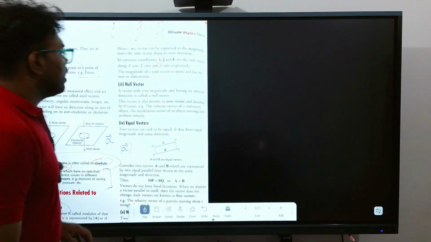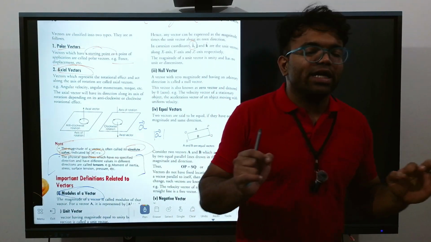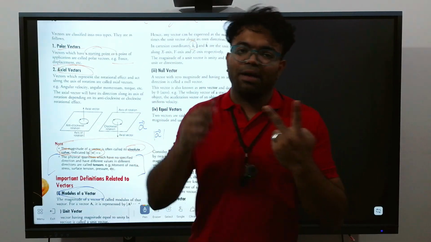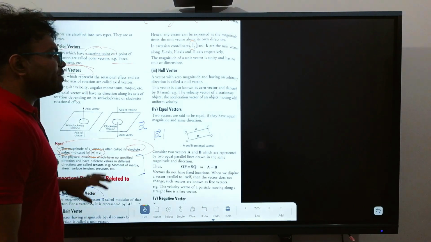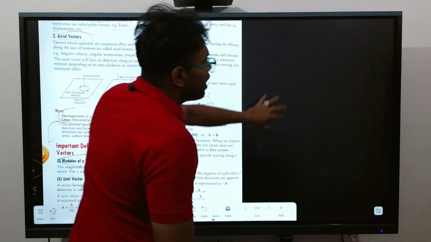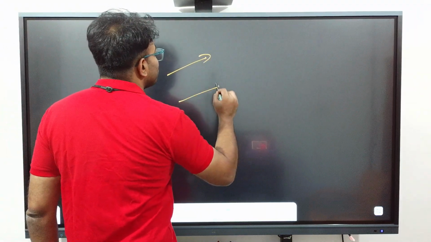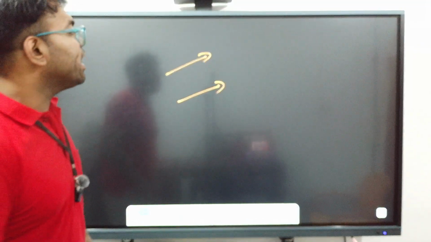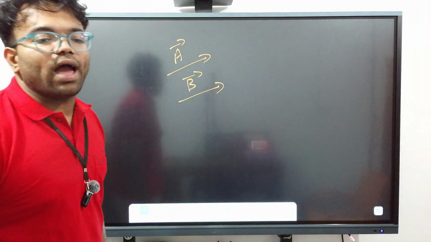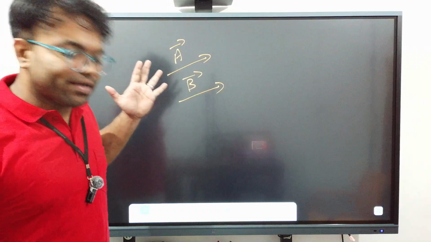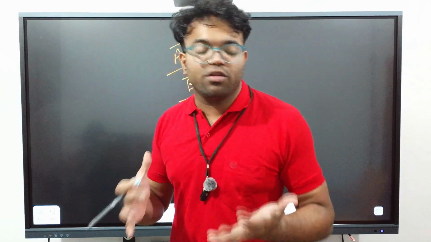Okay, next, the equal vectors. What are equal vectors? A vector only has two things, a magnitude and a direction. If two vectors have the same magnitude and the same direction, you call them equal vectors. Now, Drupad, this is a very important term. You don't have to have the same starting point. There could be two vectors, A vector and B vector.